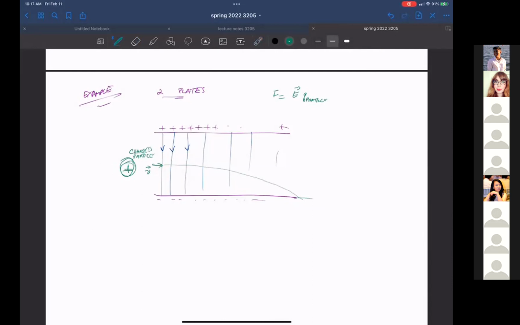Okay, cool. So now we can figure out an equation for this. Let me just write down what I just said verbally. So there's a force here, and the electric field is constant.